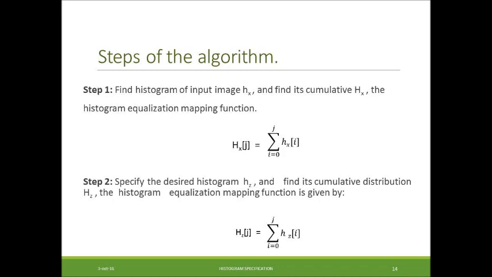Step 2. Specify the desired histogram hz and find its cumulative distribution, capital Hz. The histogram equalization mapping function is given by capital Hz of j equal to the summation from i equal to 0 to j of small hz of i.